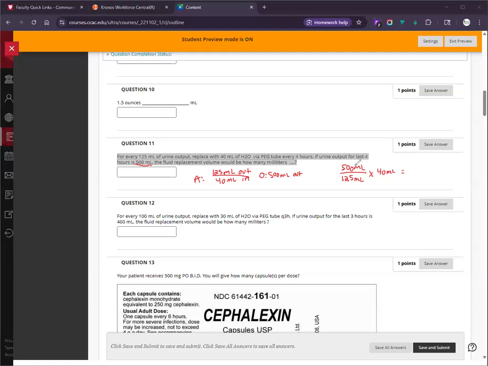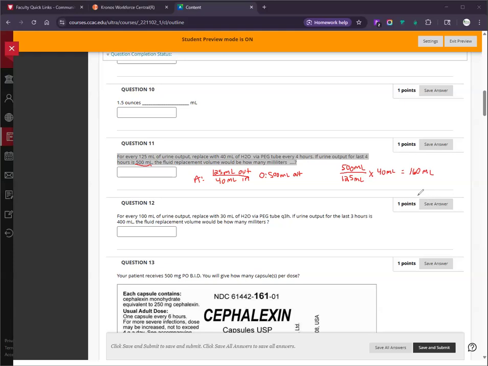When I do that, I can take 500 times 40, divide by 125, and I should get 160 milliliters as the replacement volume. Now, what makes this tricky is the fact that there's multiple milliliters. Some of you won't get hung up on that like I do.